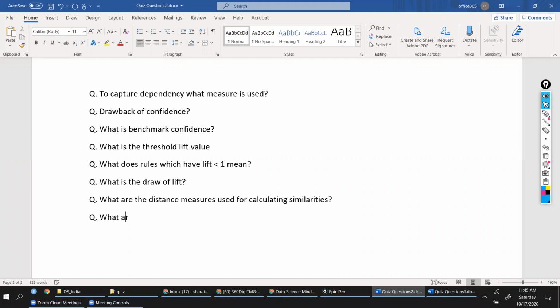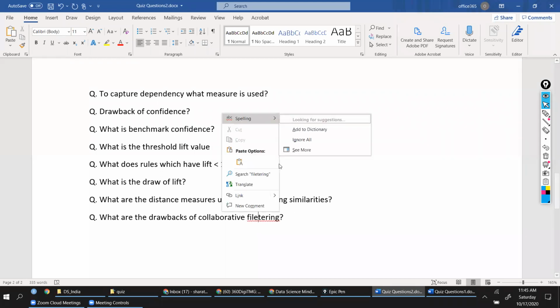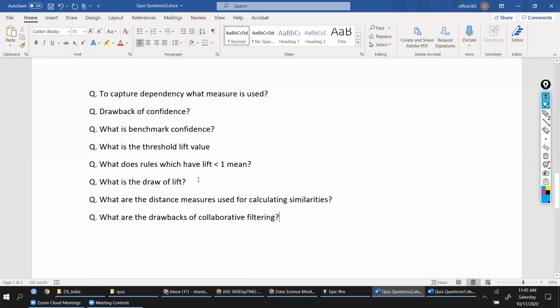What are the drawbacks of customer to customer based collaborative filtering? Drawbacks of collaborative filtering. Lazy learning, very good.